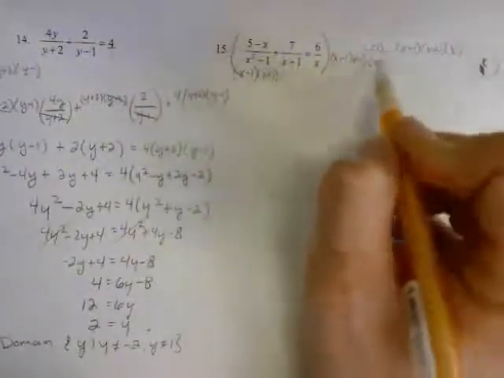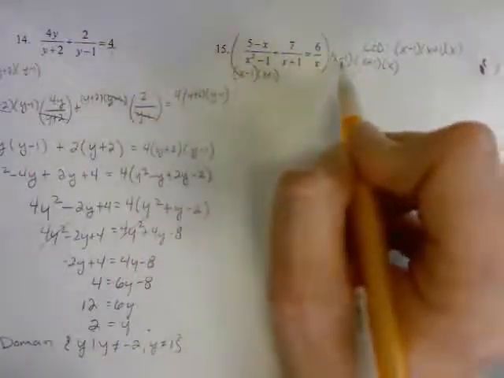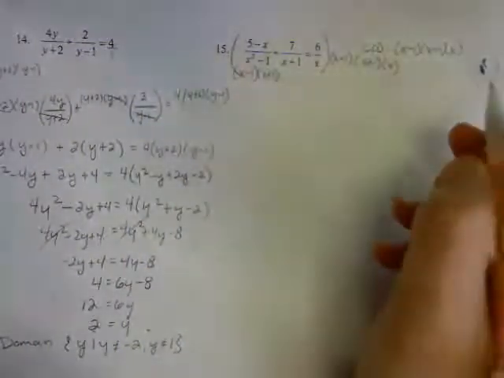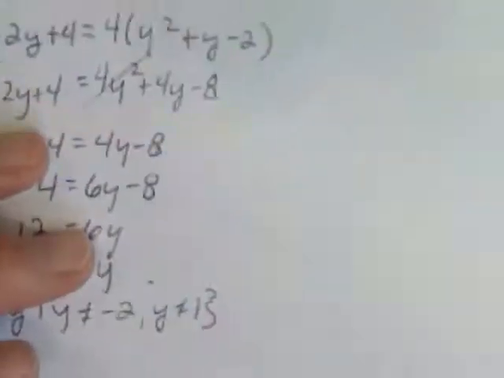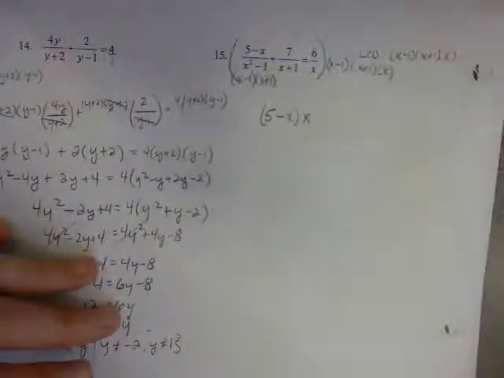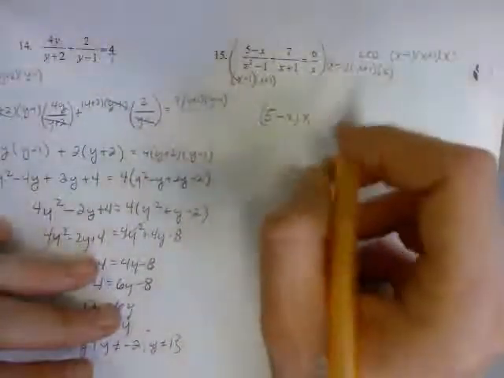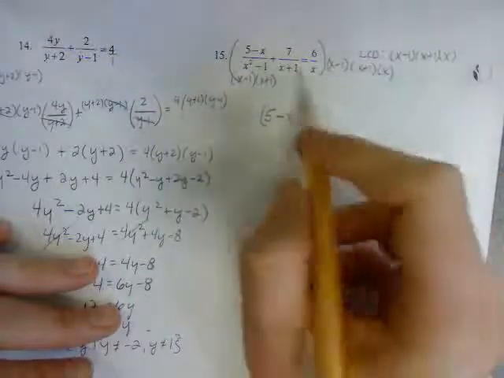Alright, if I multiply all of this by this first term, the x minus 1 and the x plus 1 are going to cancel, so I'll be left with 5 minus x times just the x. Keep my plus sign.